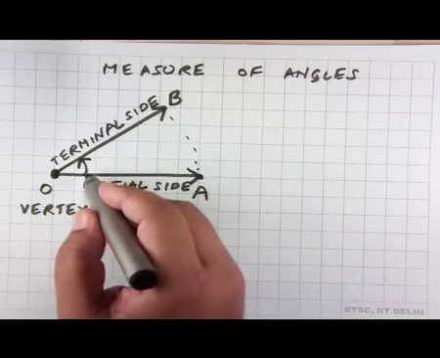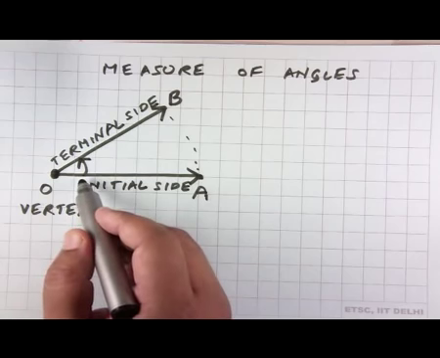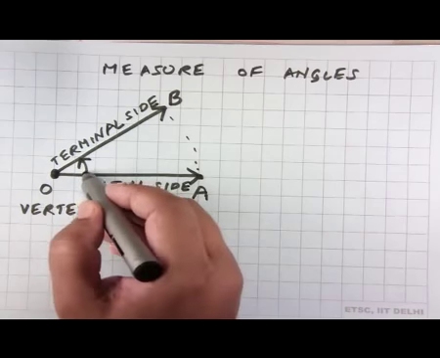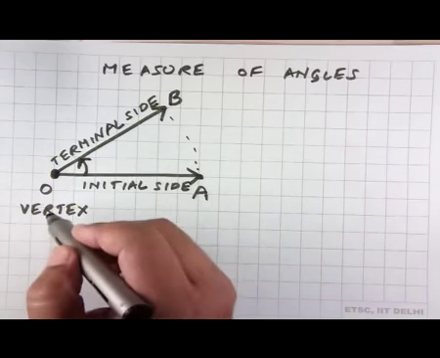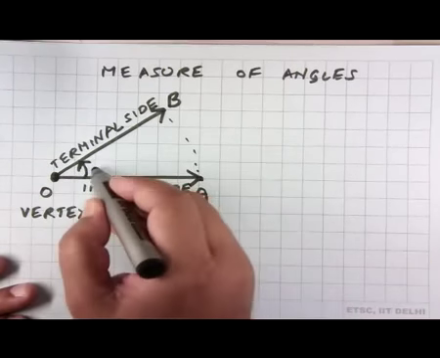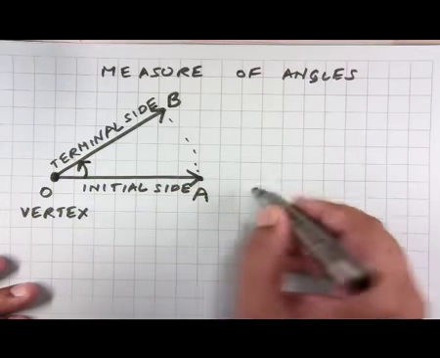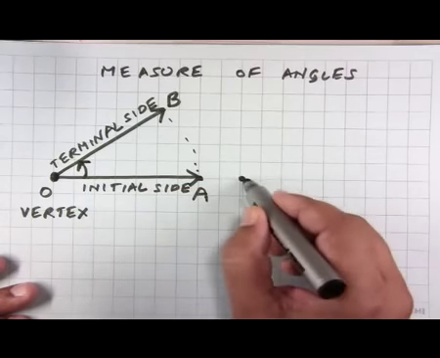When the rotation is anti-clockwise, as in this example here, the angle is said to be positive. Let me draw another one here.